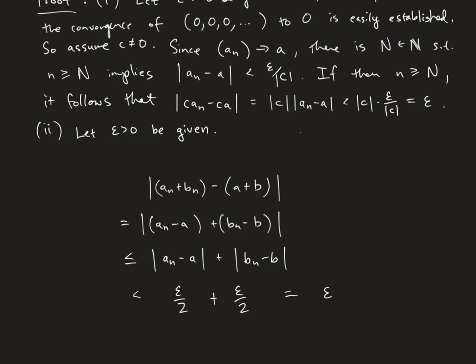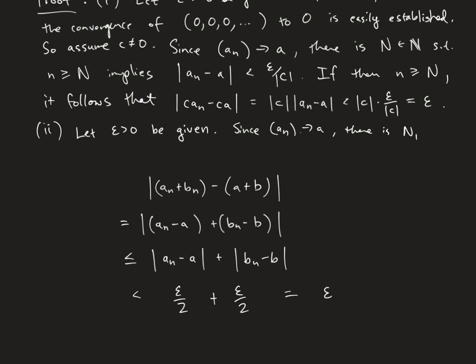So we let epsilon greater than 0 be given. Since AN converges to A, there is an N1. Okay, so we have two different things converging.